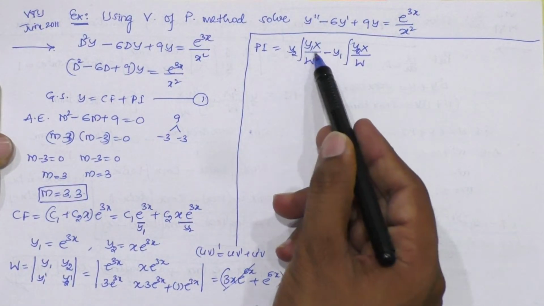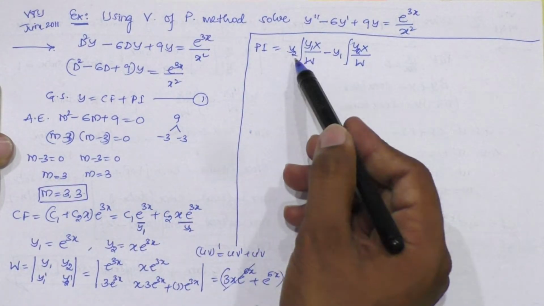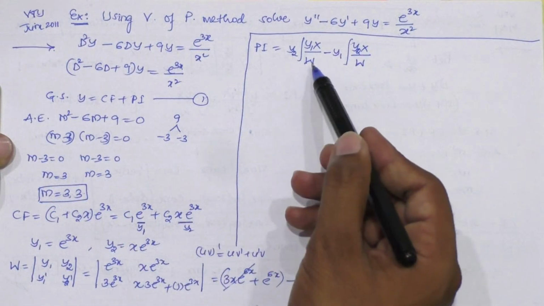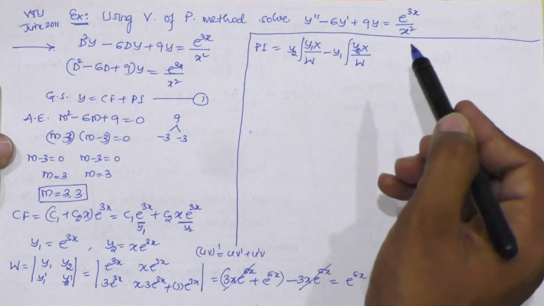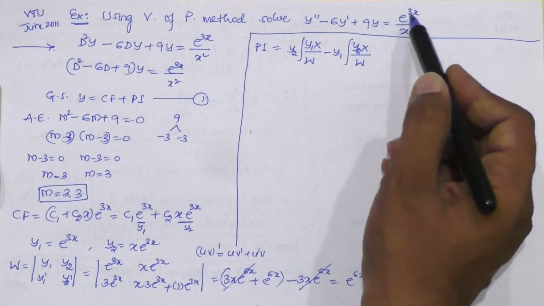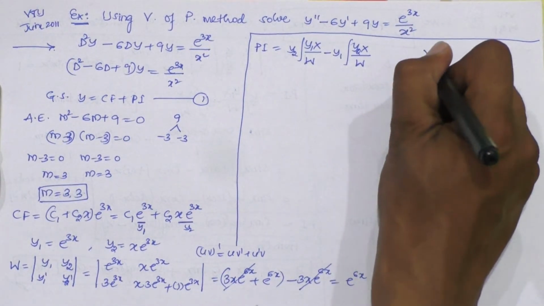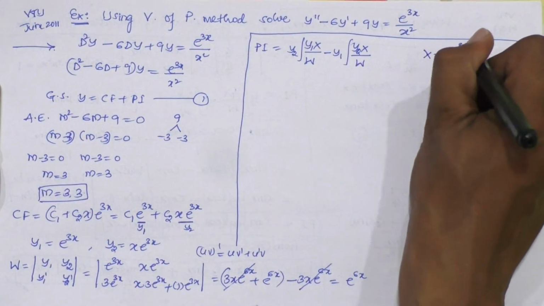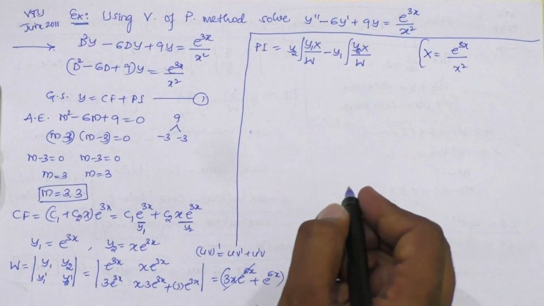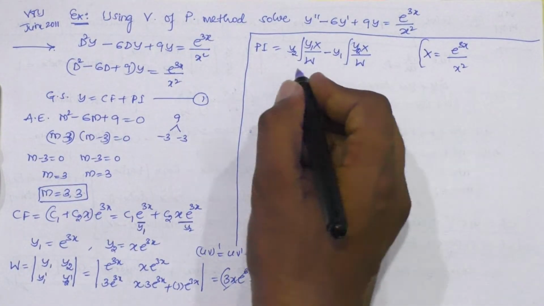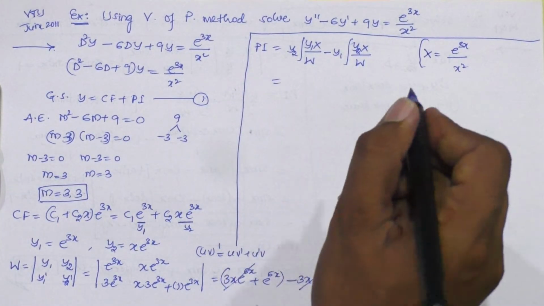We know y1 is e raised to 3x, y2 is x e raised to 3x, W is e raised to 6x, and capital X is the RHS of the given problem, that is e raised to 3x by x square. Now substitute all and simplify to get PI.